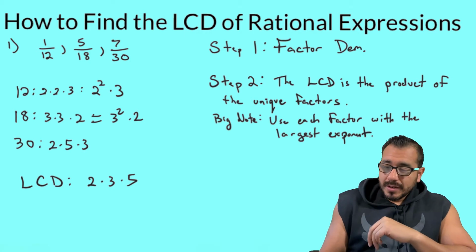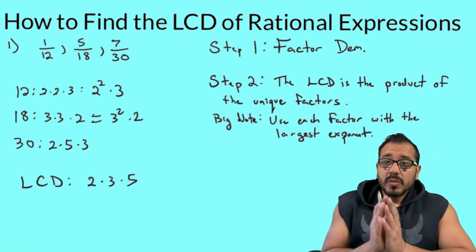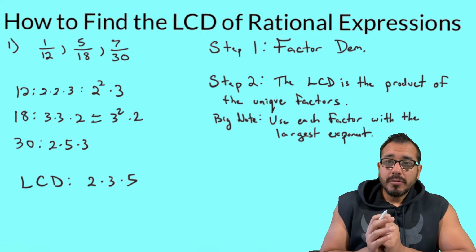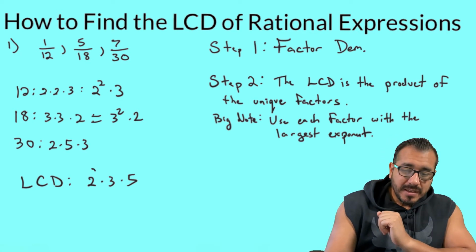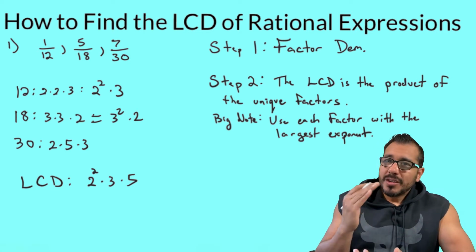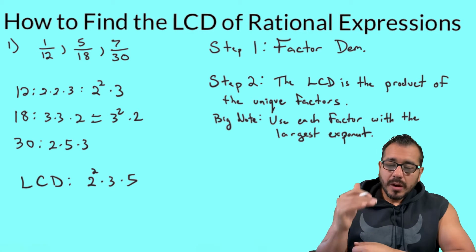And notice, here I had a 2, here I had a 2, here I had a 2, but you want to make sure that you use the 2 that had the biggest exponent. So write that down, very important, because this makes sense right now, but when you look back at your notes and try this on your own, you might forget, because we forget very fast. So again, write this down.